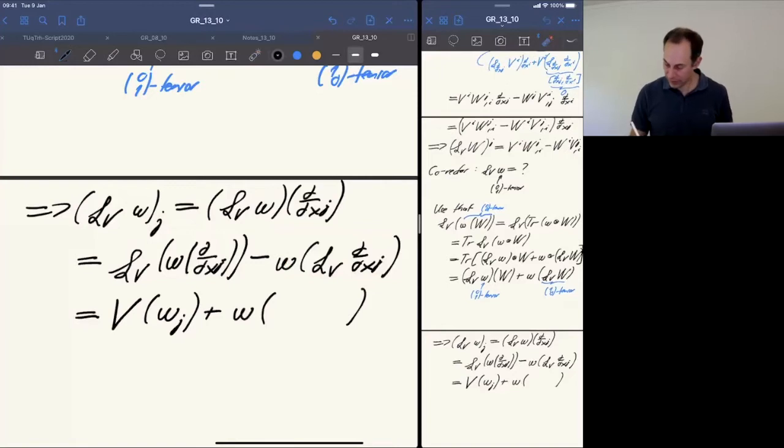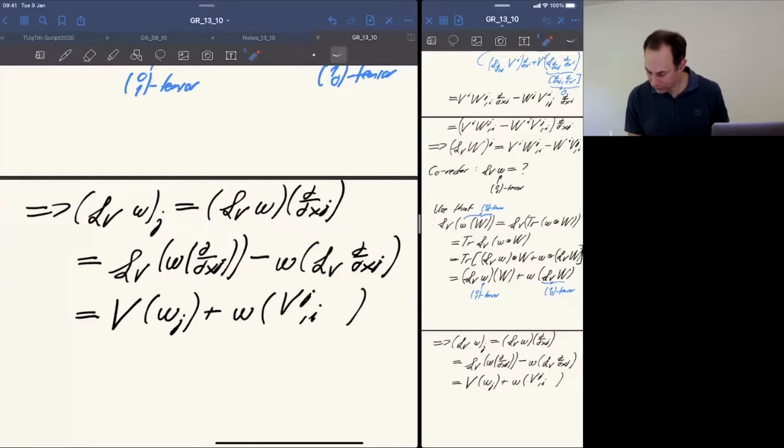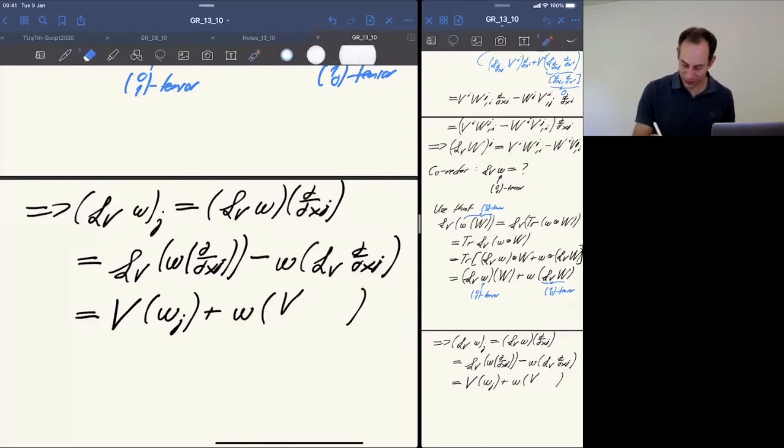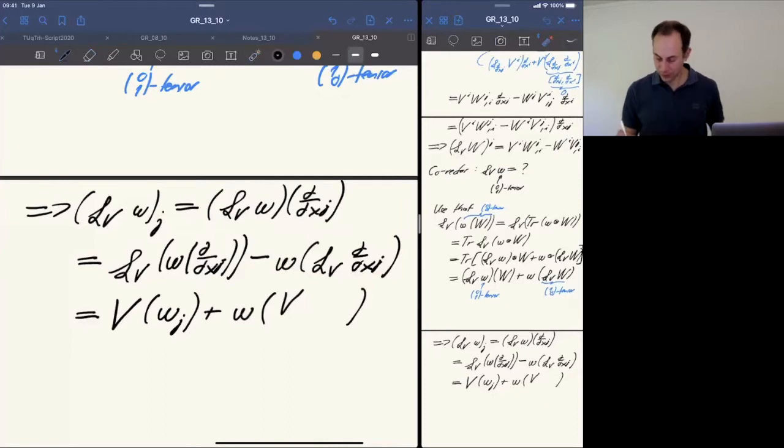I get therefore V^j_{,i}. And you see here we had actually a V. Here's a V^j_{,i}. Now, okay, the indices don't match. I'm sorry for that. So I need a new summation index.